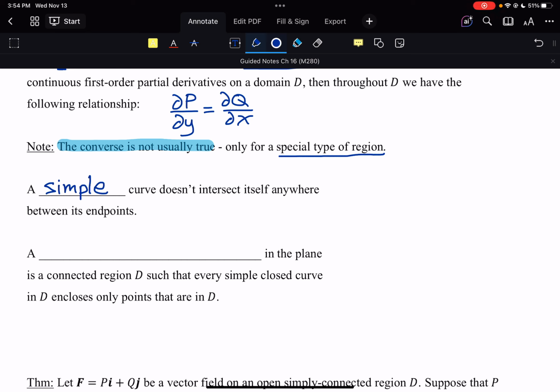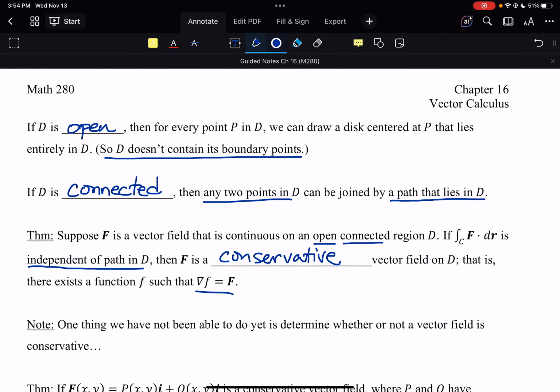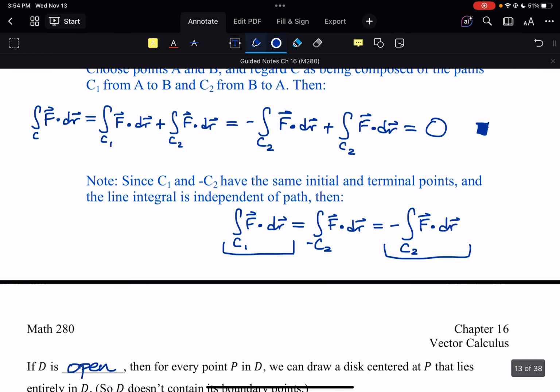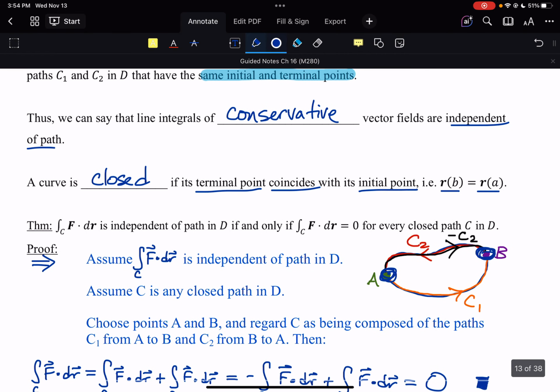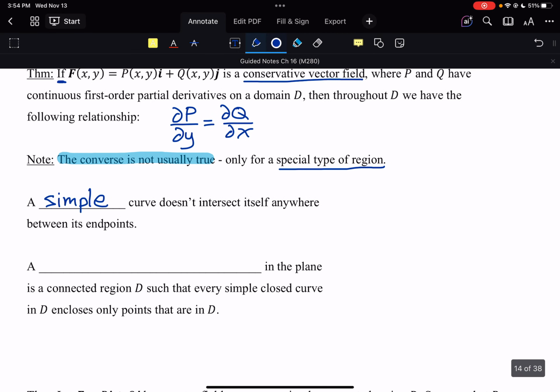So let's look at the different types of curves that we can have. We talked about closed curves back up here on the previous page. And now we're talking about simple curves.